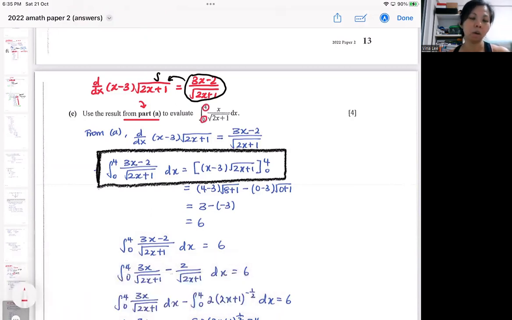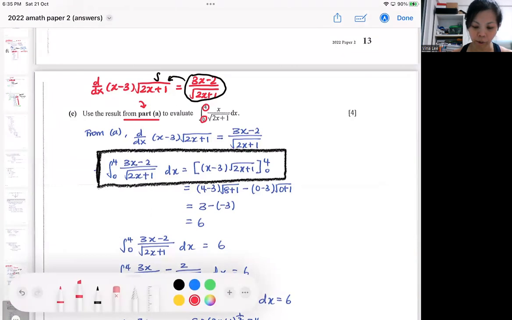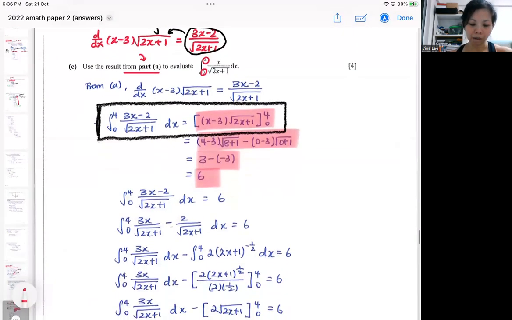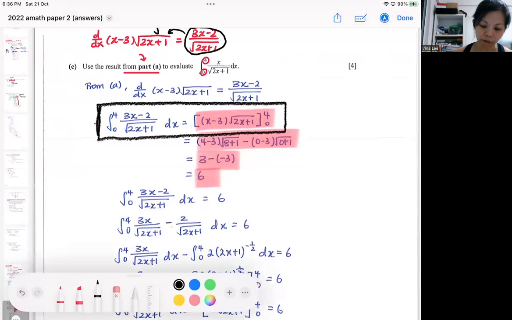The reason why I always like to apply it directly is because I can do a definite integral straight away. So I straight away do a top minus bottom. After that, my integration is reduced to this.